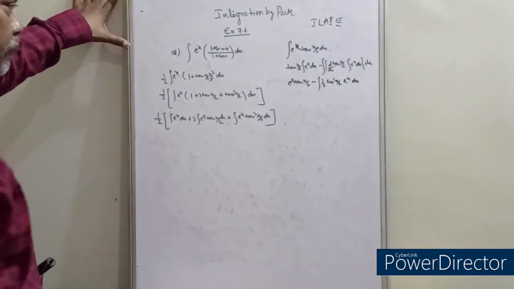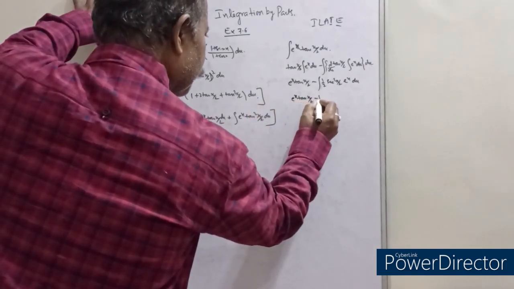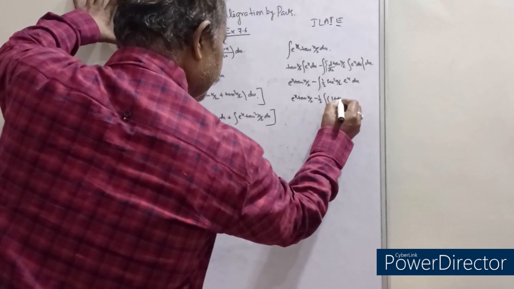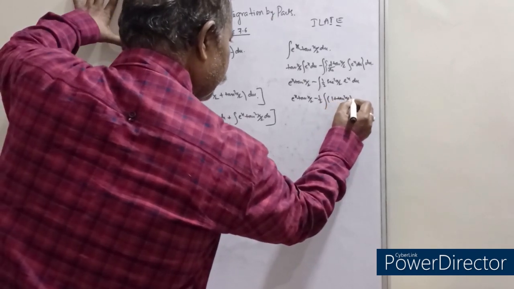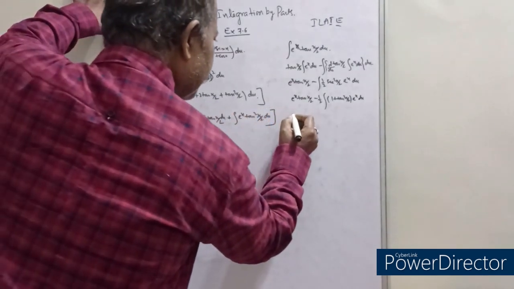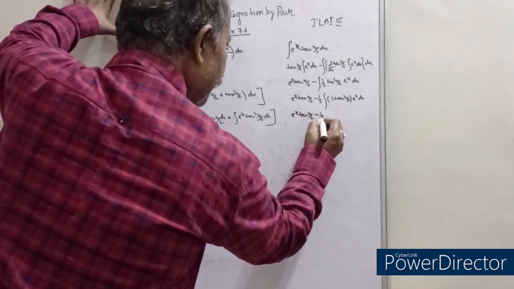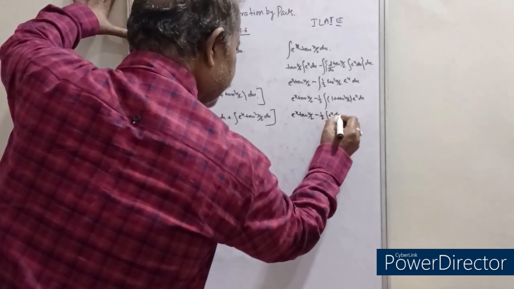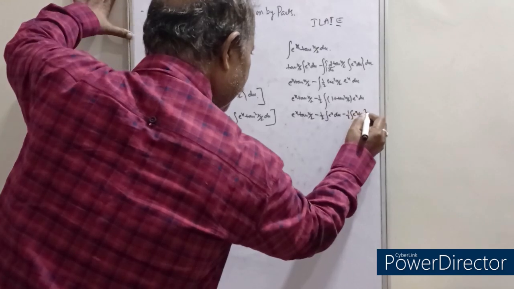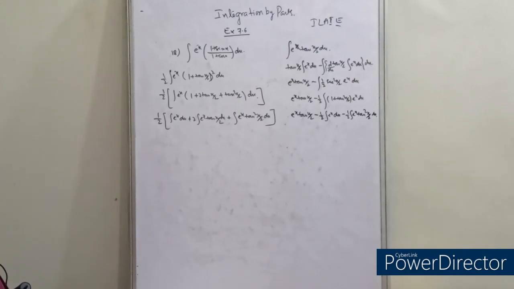So now here again e to the power of x tan x by 2 minus 1 by 2, I can write instead of sec square x, (1 plus tan square x by 2) e to the power of x dx. So here again this will be e to the power of x tan x by 2 minus 1 by 2 e to the power of x dx minus 1 by 2 e to the power of x tan square x by 2 dx. So this is the result I have obtained here.